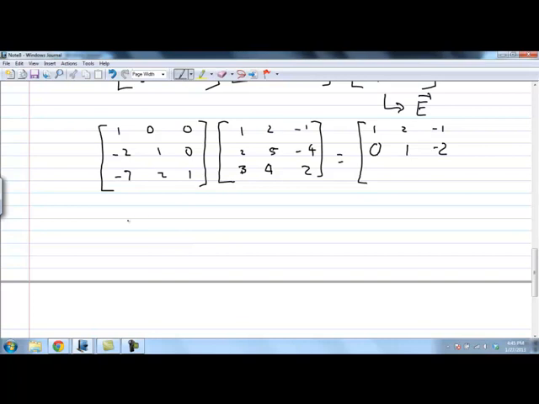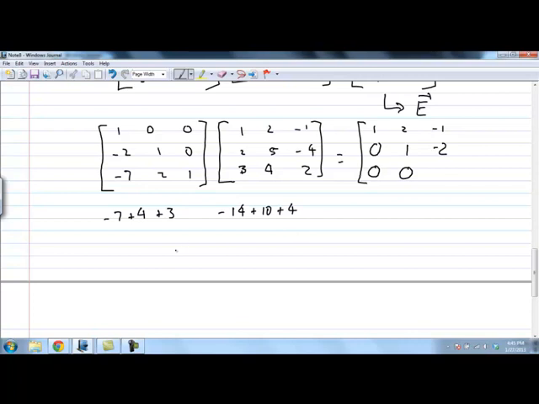In the third row, first column, minus 7 plus 4 plus 3 gives me 0. In the third row, second column, I have minus 14 plus 10 plus 4, which gives me 0.